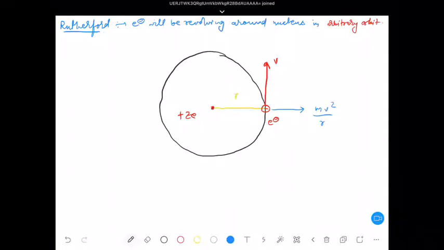Second one, next there will be an electrostatic force of attraction between this electron and the proton present in the nucleus, which I will write here.